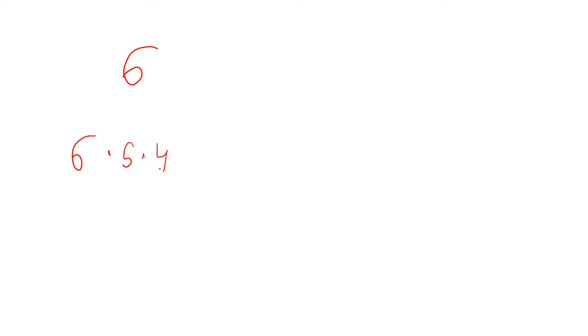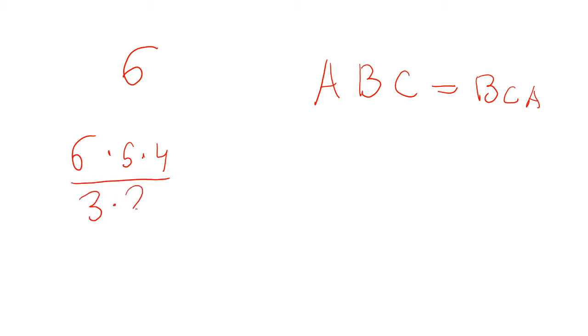But notice how order doesn't matter. Choosing person A, B, and C is just the same as choosing person B, then C, then A. So since we have 3 people, we need to divide, because this is counting everything 3 factorial times, and then we can cancel.